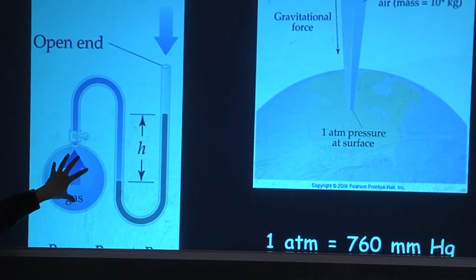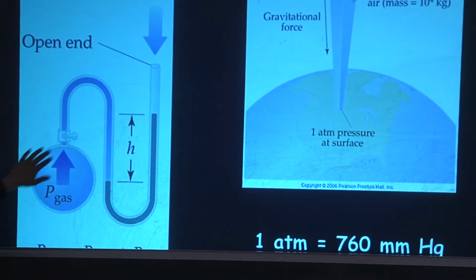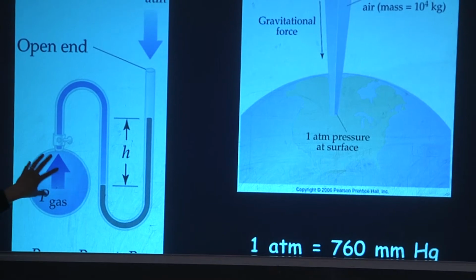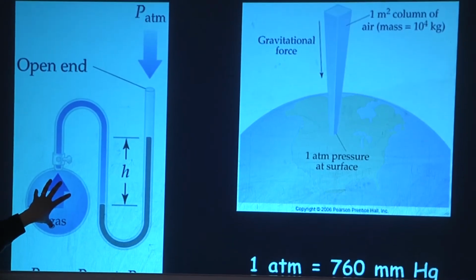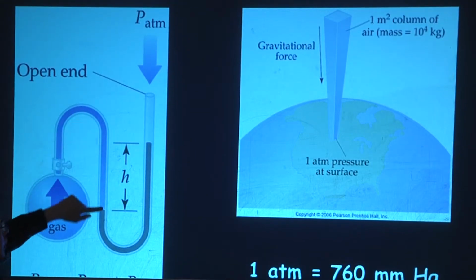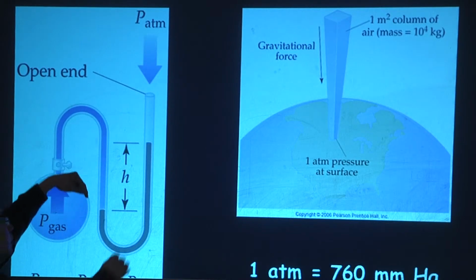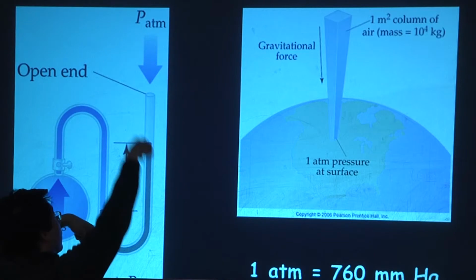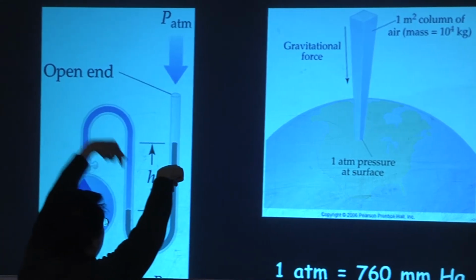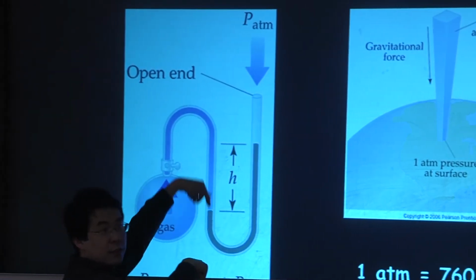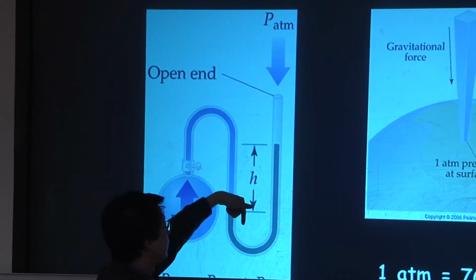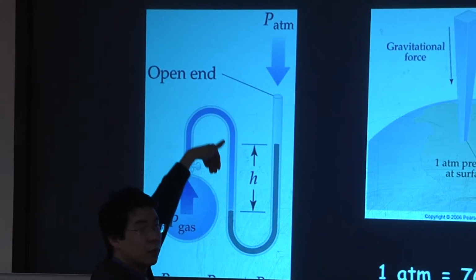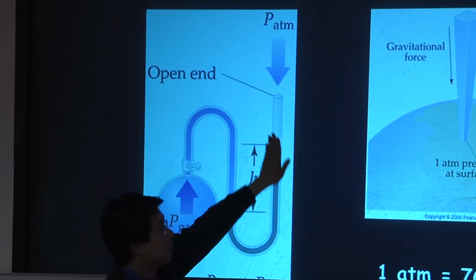If the gas in the bulb has a pressure greater than 760 millimeters of mercury, you're going to have a situation like this. Because there's basically two gases competing. One of them's pushing down at 760. One of them's pushing down, in this case, even harder, with more pressure than 760, and so it's winning. It's pushing it down and pushing the other side up.